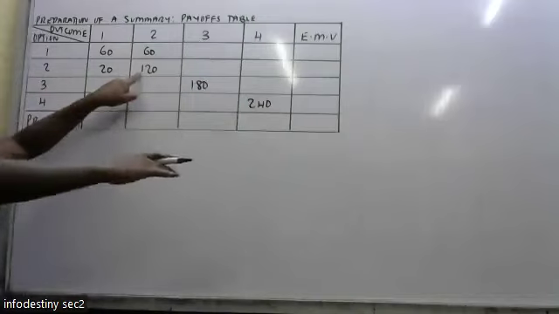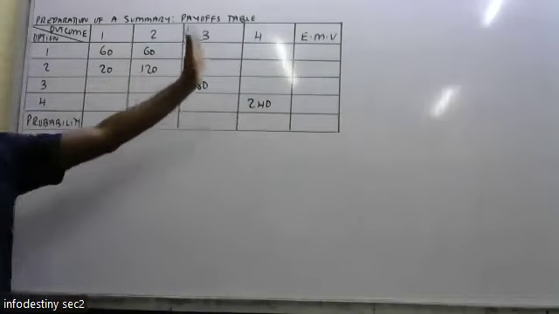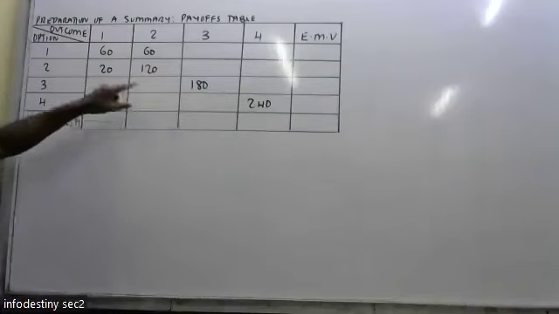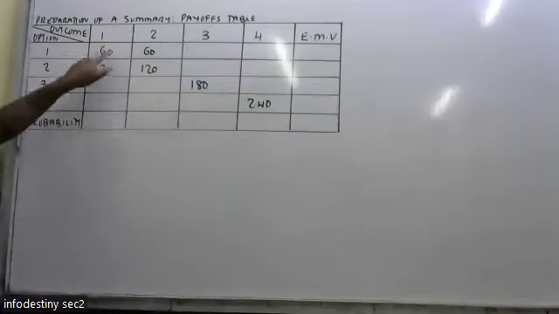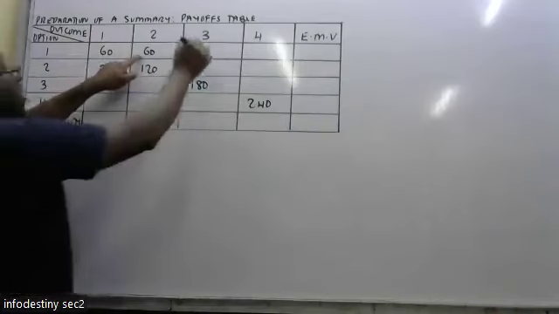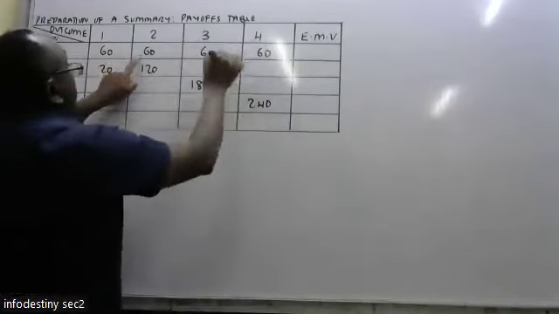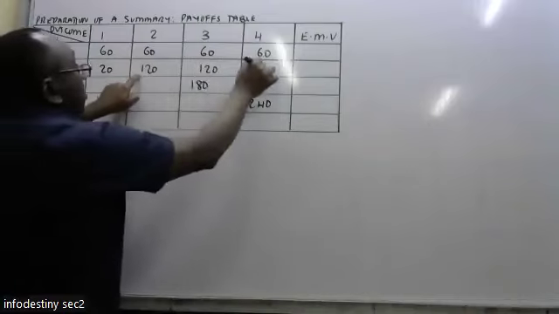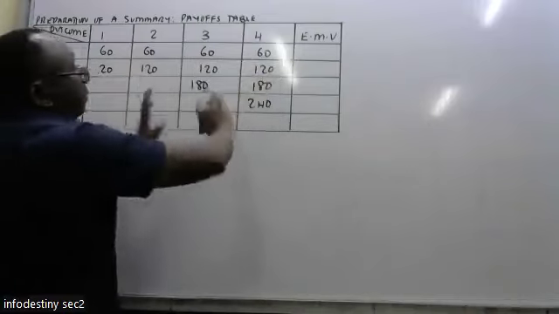That's called the diagonal pattern. The other one is the upper diagonal. The upper diagonal starts from the equal point. Now from here to here they are the same. So even this one would be 60, this one would be 60. This would be 120, this would be 120, this would be 180.